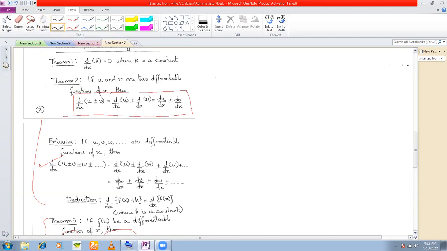What does this mean? Let's take an example. Suppose I have d/dx of x to the power of 4 plus x square, right? So what I can do here is, let's say plus or minus, I can distribute the differentiation over these two functions. So I have distributed the differentiation over this function and over this function.